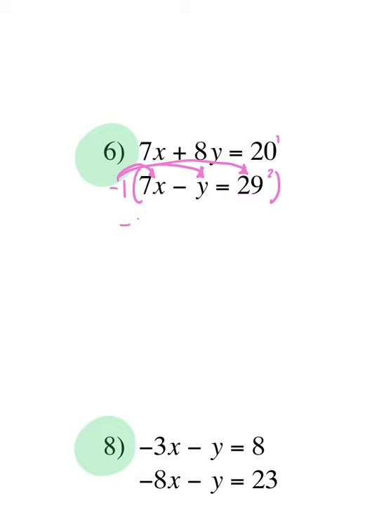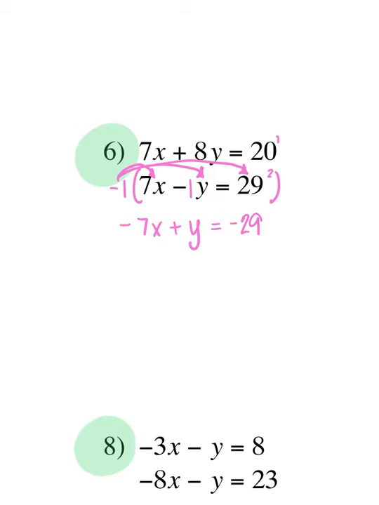And I have negative 7x minus y, plus y, because negative 1 times negative 1 is positive 1, equals negative 29. So really all I'm doing is changing the sign in front of each term, if that makes sense.